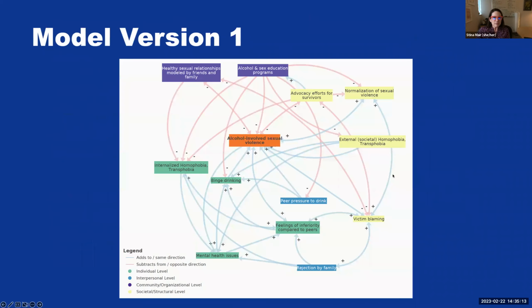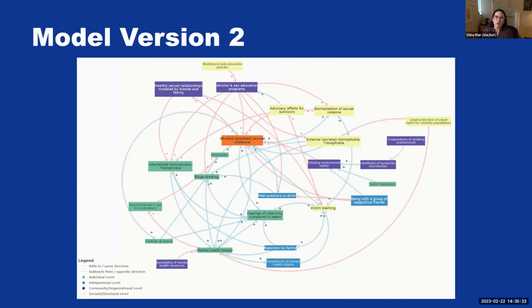I just want to show you an example of walking through the steps. I'm going to show you the steps on the next slide. This was the first pass of the model. Then, because it's so iterative, this comes out of the third session. You end up with a model like this, the causal loop diagram. Then you get even more feedback and they add in even more variables.